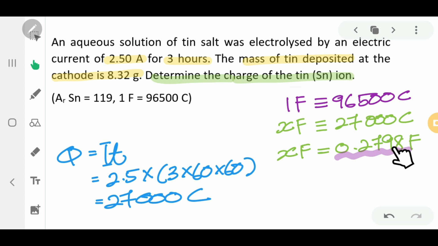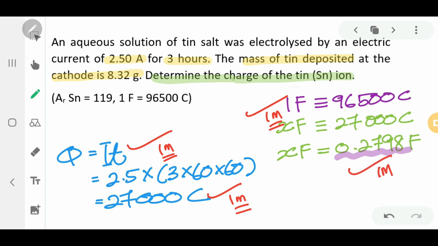And then from this information, we would be able to know how many electrons are flowing inside this electrolytic cell. So you'll get 1 mark for coulomb, 1 mark for proportionality, and 1 mark for the conversion from coulomb into Faraday.